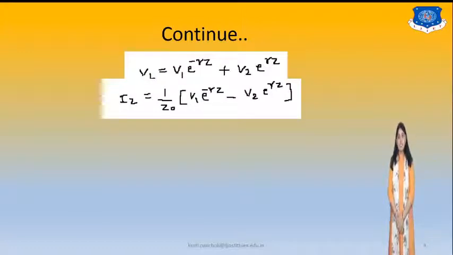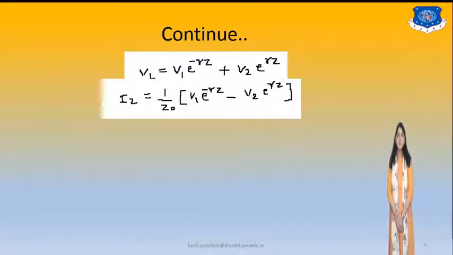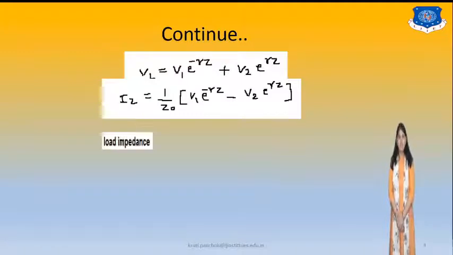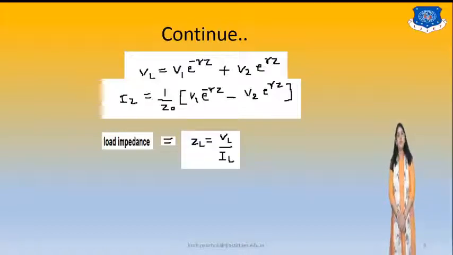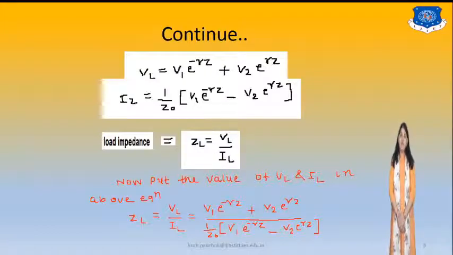So IL is equal to 1 upon Z0 in bracket V1 e raised to minus gamma Z minus V2 e raised to gamma Z. The load impedance is ZL is equal to VL upon IL. Now put the values of VL and IL in the above equation.